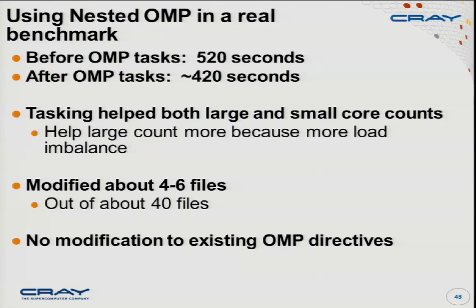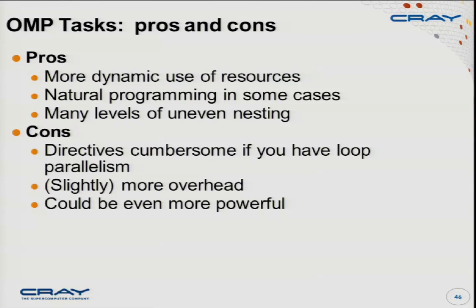So we didn't put it everywhere because OpenMP was already in there at a high level. And we didn't make any modification to the existing OpenMP directives. This is all underneath. I have a little bit more on that sometime. But the point is it can be used, and it was used in the case where there was nested parallelism.